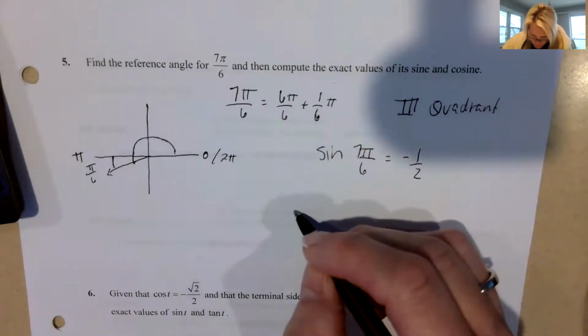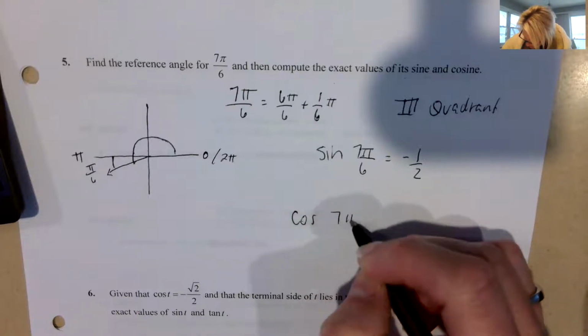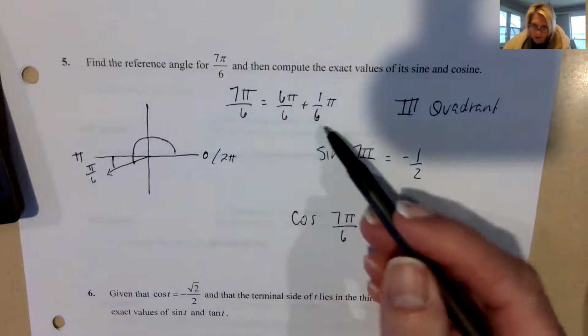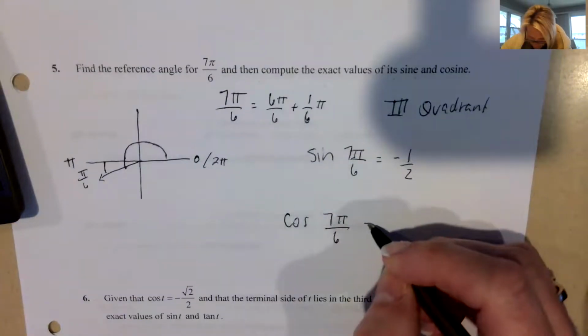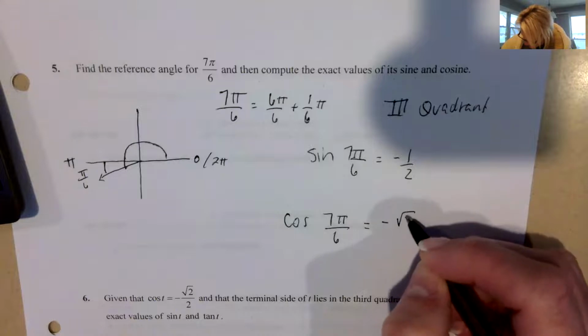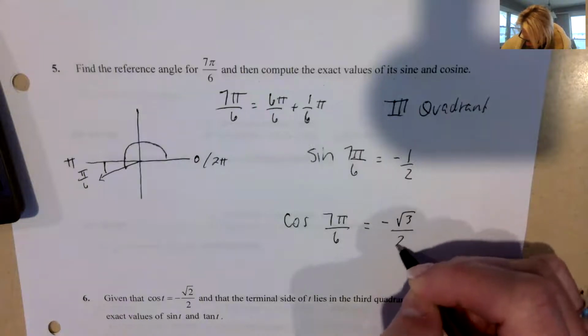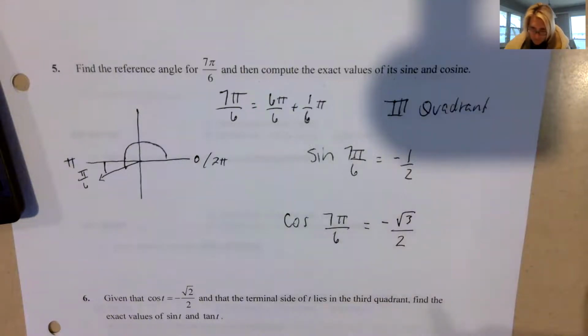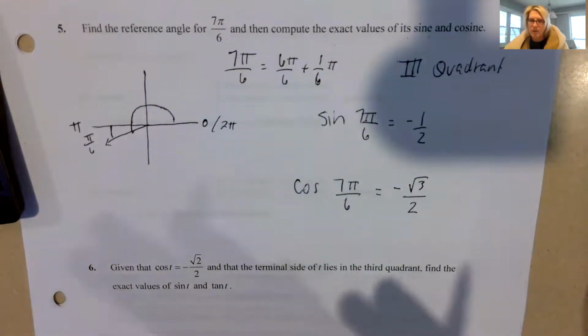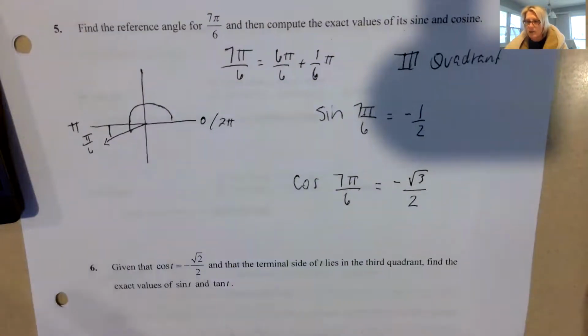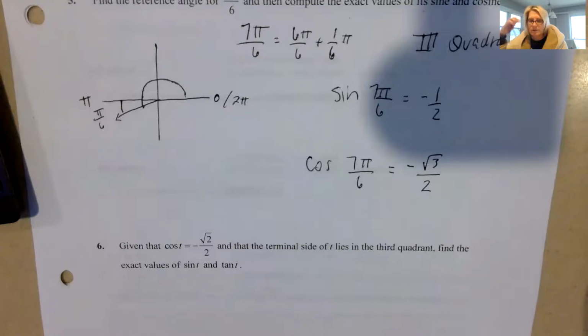And cosine of 7 pi over 6, or the reference angle of pi over 6, which is a 30-degree angle, is also negative, a negative square root of 3 over 2. That's on our sheet that we created. I would definitely recommend having the sheet with all of the reference angles and what the 6 trig functions are at each of those reference angles.